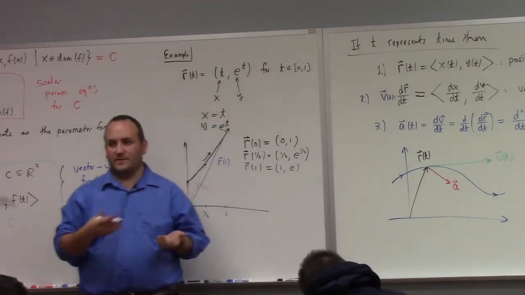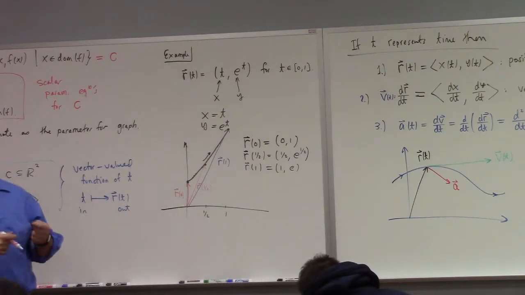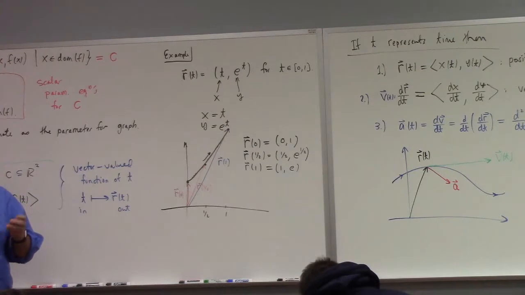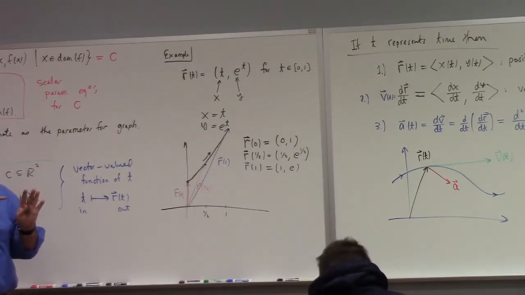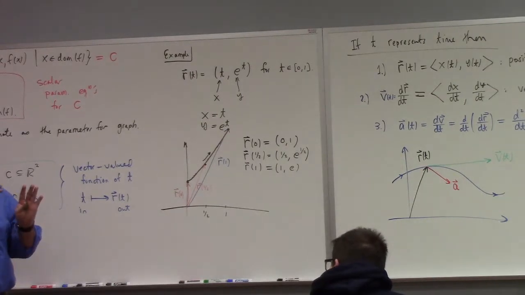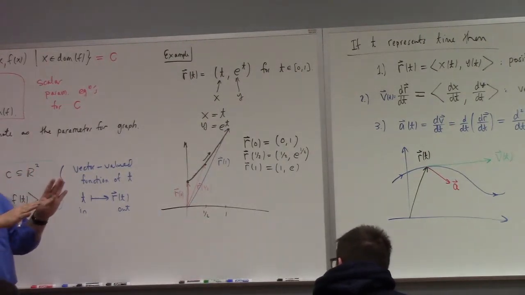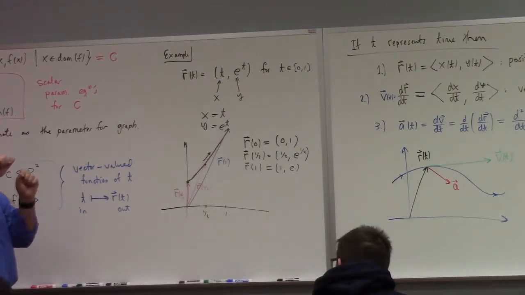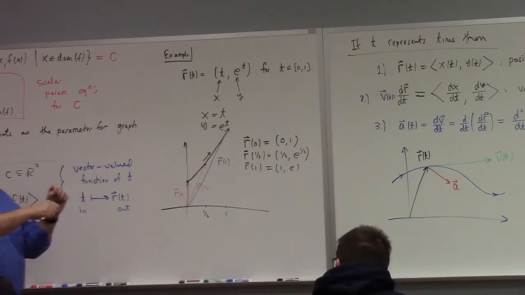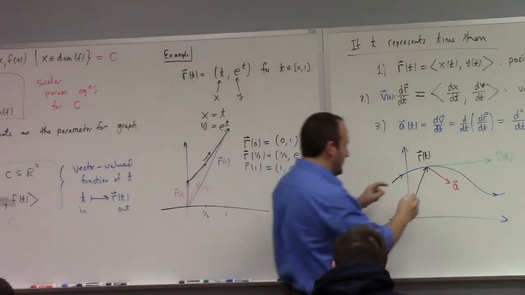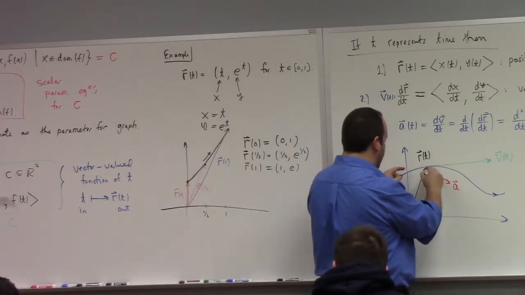The acceleration actually has two parts: a tangential part and a centripetal or normal part. So it's got a center-seeking part and a tangential part. If this curve had constant speed, so that the acceleration was purely about changing the direction of the velocity vector, then the acceleration would point towards the center of the osculating circle, like this.